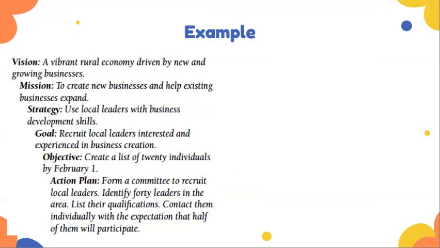So the mission mo is to create new businesses and help existing businesses expand. So, dahil rural economy driven by new and growing businesses yung vision ng organization, then we will create new businesses na nakakatulong sa mga businesses na makapag-expand pa sila or lumago pa yung businesses nila.